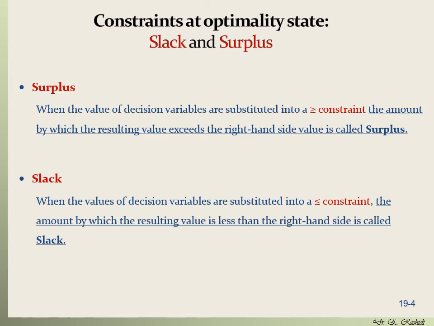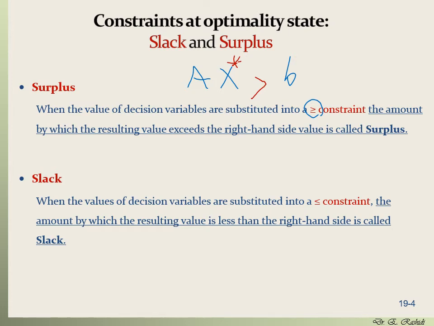For the non-binding constraints at the optimality state, we have two concepts called the surplus and the slack, depending on the constraint inequality sign. So if we have a greater than or equal to constraint, for example, ax ≥ b, at the optimality state, if we substitute the optimal value of the decision variable, for the non-binding constraint and greater than or equal to, we're going to have a strict inequality here.